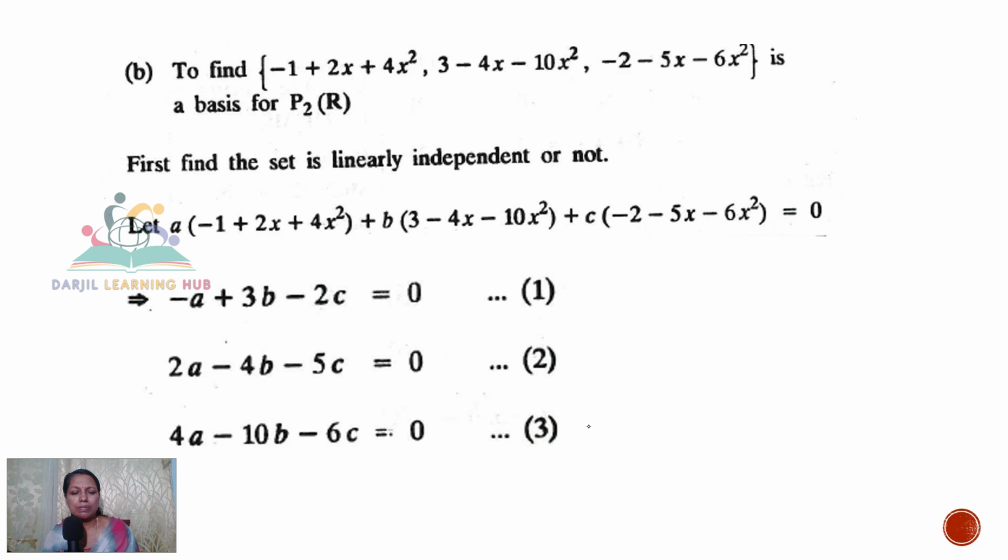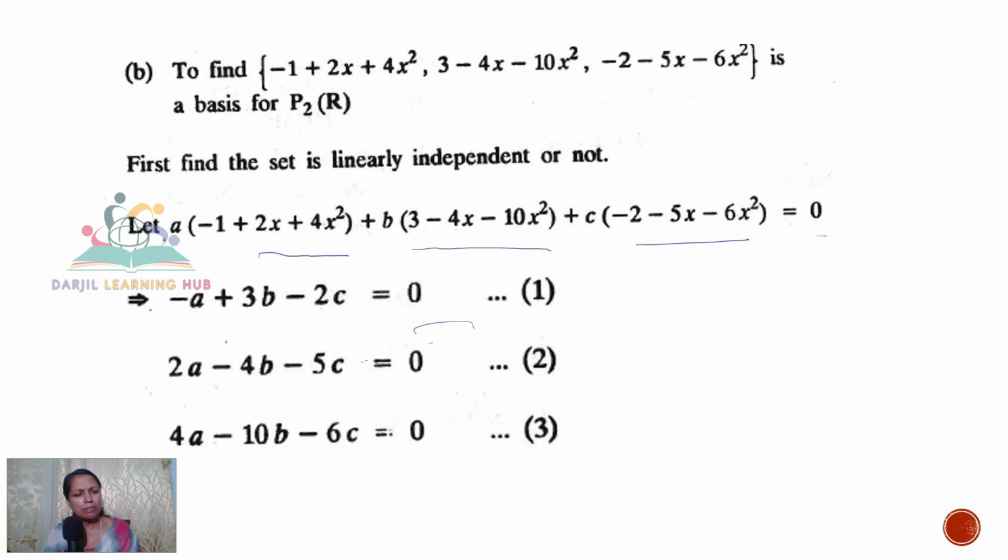So in a similar manner, we can check the second problem also. First polynomial, second polynomial, third polynomial. We can choose 3 scalars: A into minus A plus 2x plus 4x square, plus B into 3 minus 4x minus 10x square, plus C into this, equal to 0.